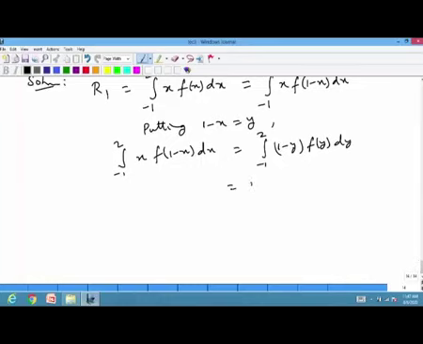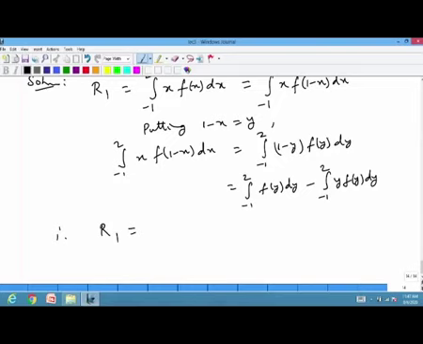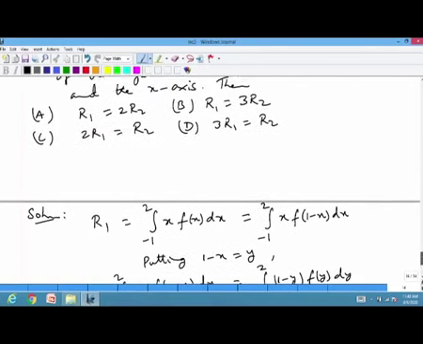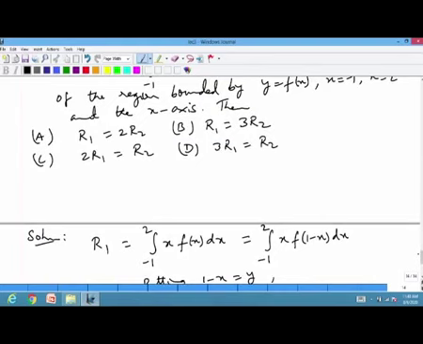So, this is equal to the integral from minus 1 to 2 of f y dy minus the integral from minus 1 to 2 of y f y dy. So, therefore, this r 1 is equal to the first integral, which is nothing but r 2, and this second integral is again r 1. So, this implies 2 r 1 is equal to r 2. So, we have option C is correct.